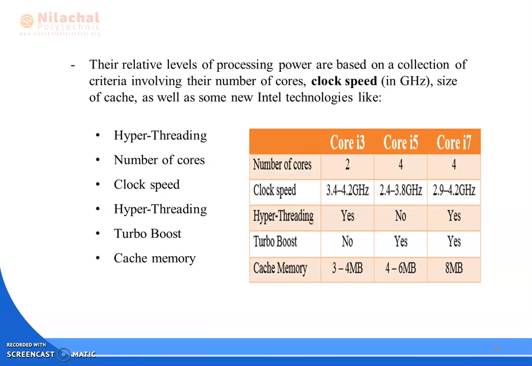Here we can see a table which differentiates according to the factors how i3 is differentiated from i5 and i7. In our next slide we will be discussing how all those factors differentiate them from each other, and which processor we can choose, or which processor is best for what processing.